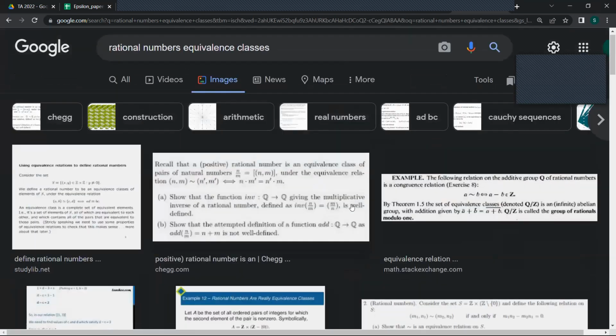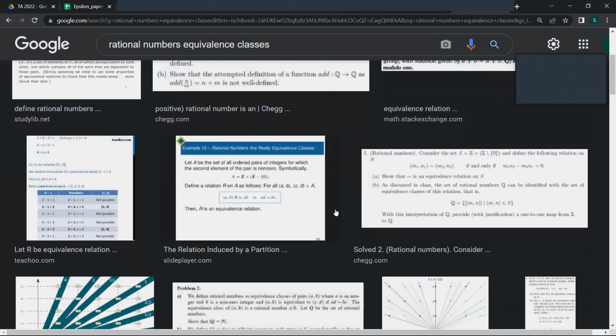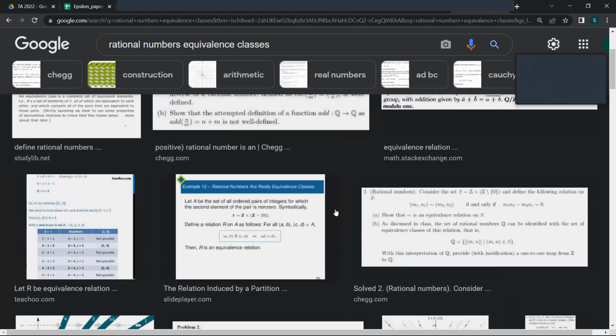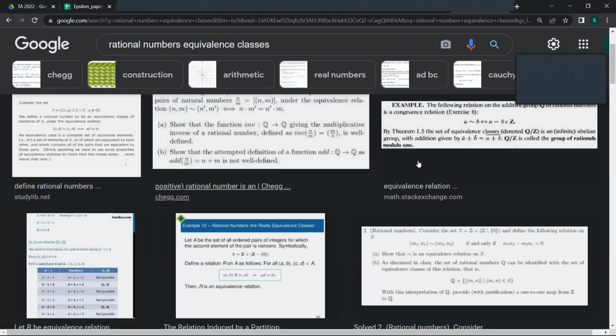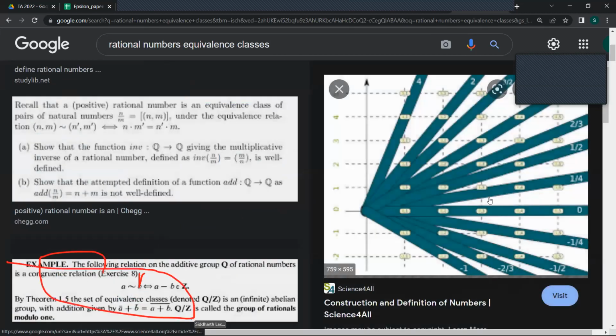The third one on the left from the top. Get that picture.